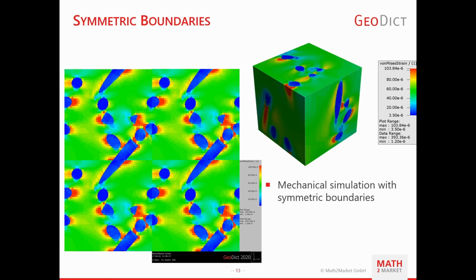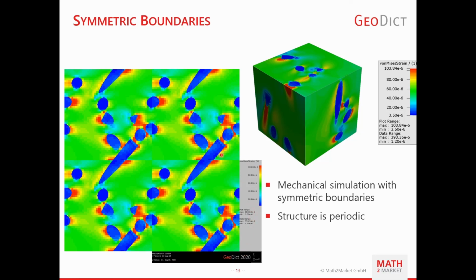When you set up a simulation, you also have the opportunity to choose symmetric boundary conditions. And I will show you what that means, again on the example of the periodic structure I showed you before. So to compare it to the previous results, I again repeated the unit cells next to the one unit cell which was considered during simulation.